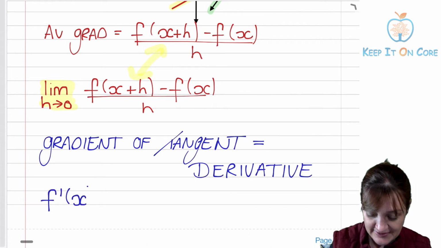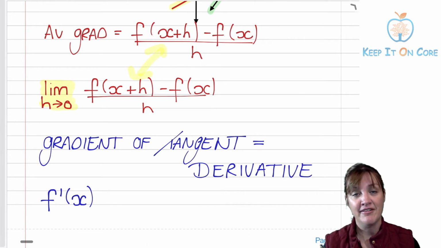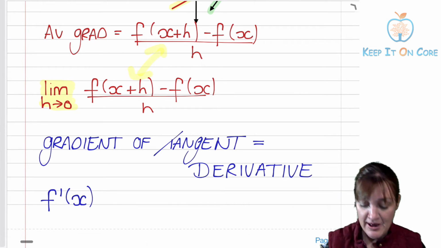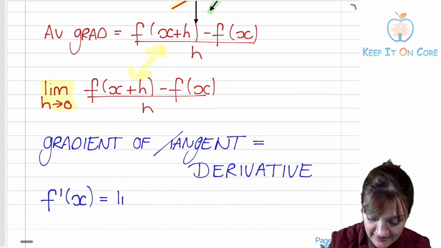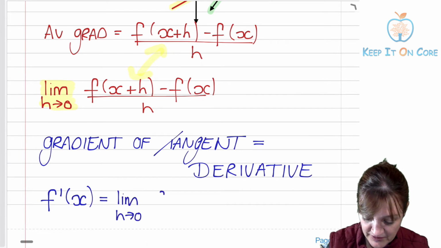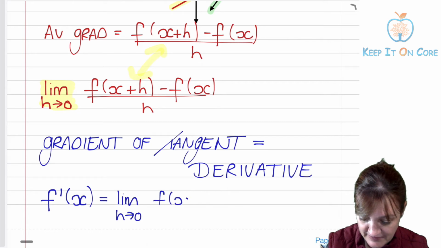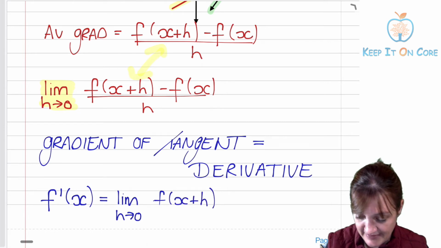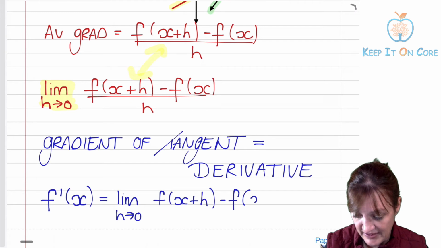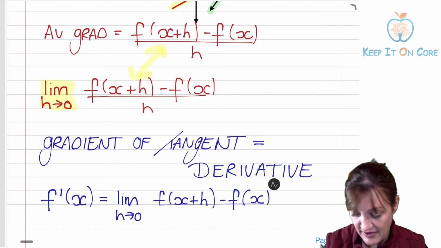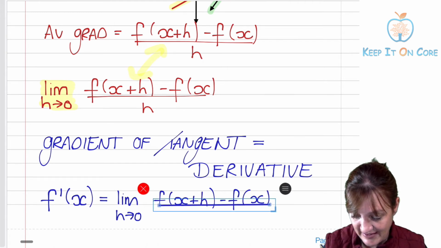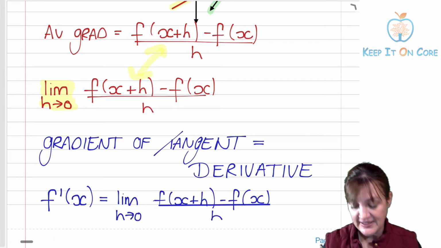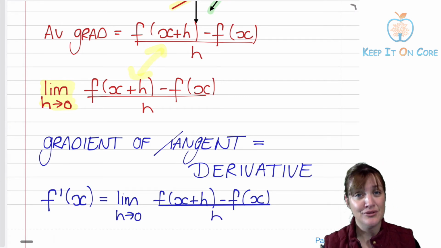We put a little dash or comma between the f and the x, okay? So f prime x equals the limit as h tends towards 0 of f of x plus h minus f of x, all over h, which gives me the gradient. Okay, guys, and that is then how we calculate the gradient of a tangent, which is your derivative.